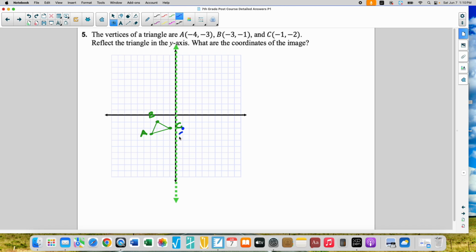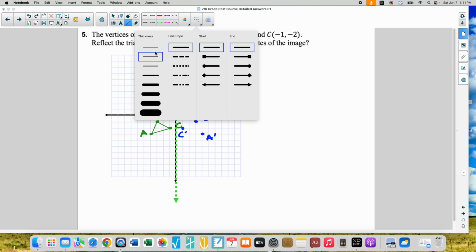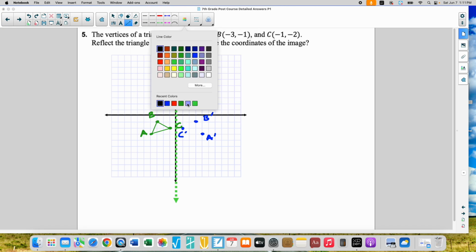So this is going to be C prime. And the A is 1, 2, 3, 4 away, so 1, 2, 3, 4 away. That's A prime. And B is 1, 2, 3, so that'll be B prime. And we can connect those dots. Nope, that didn't work because we went to that blue.